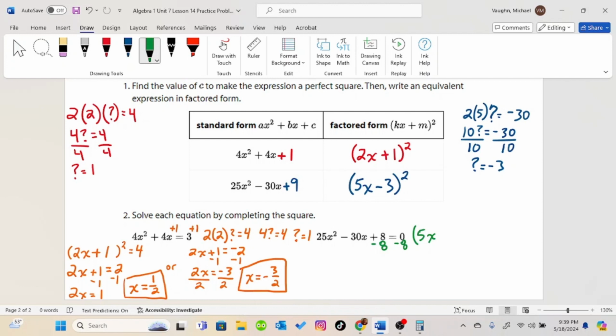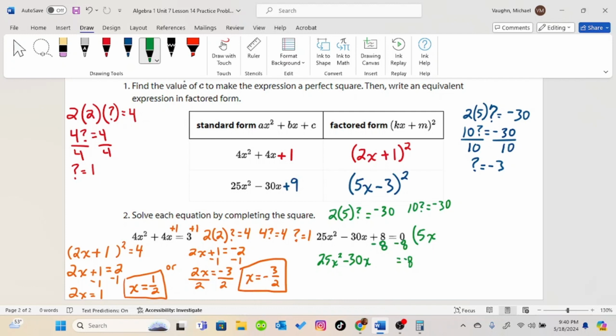Now, I would need to multiply 2 times 5 times something to get my b term, which is -30. 2 times 5 is 10.